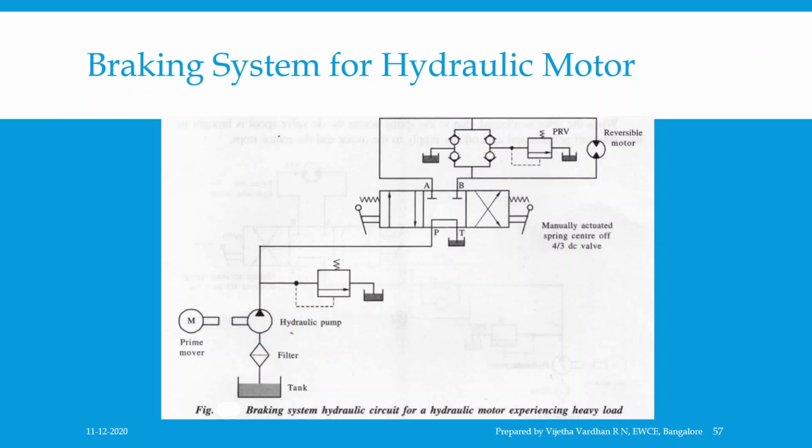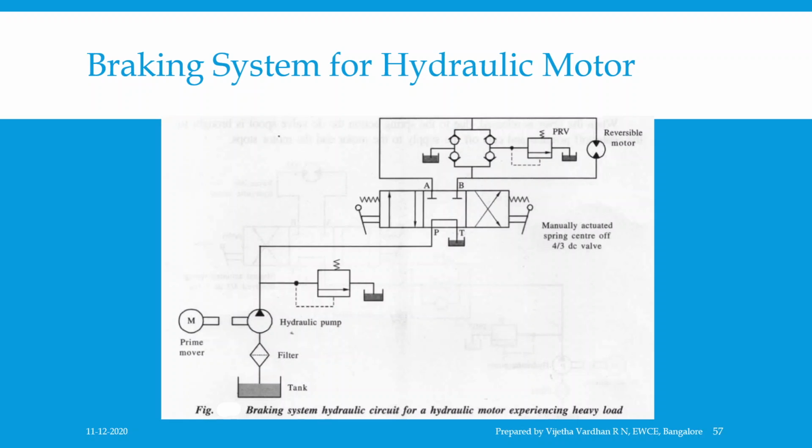Due consideration should be exercised on the type of loading a hydraulic motor would experience in a hydraulic system. A hydraulic motor driving a load of large inertia would create a flywheel effect, and stopping the motor would cause it to act as a pump and draw air.